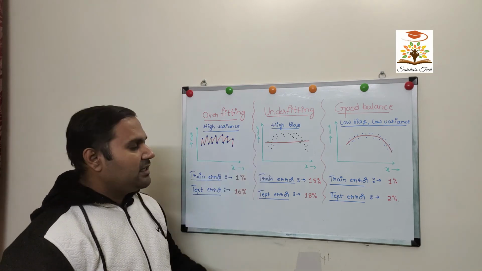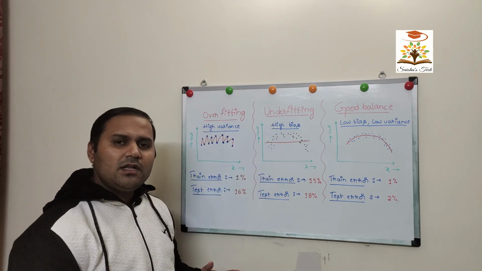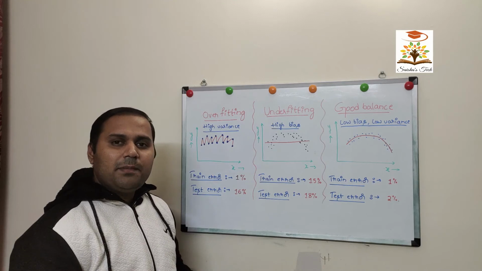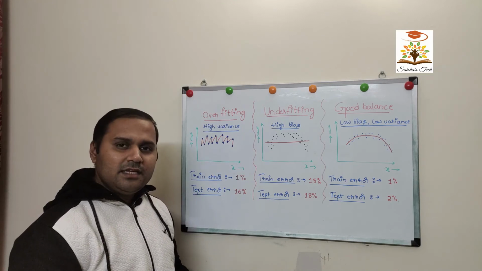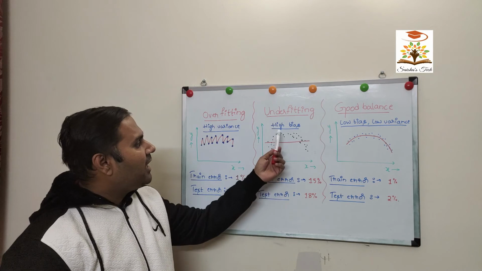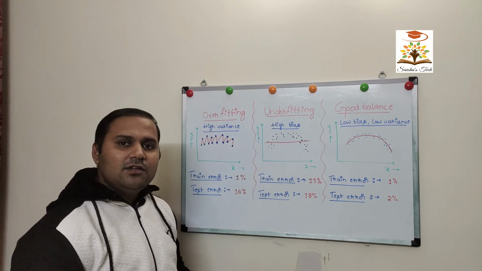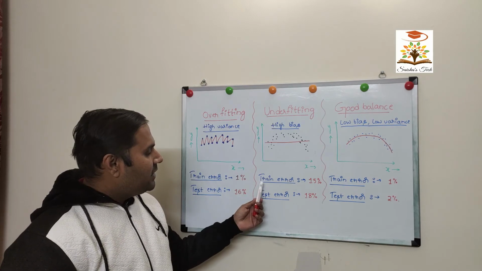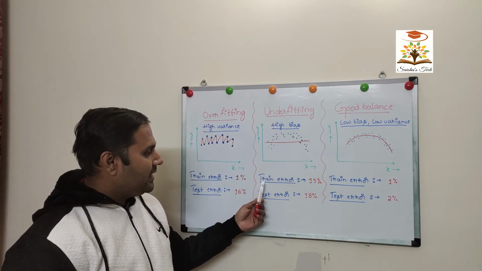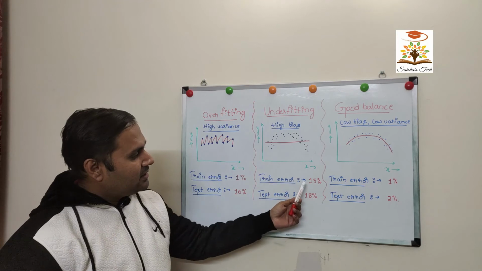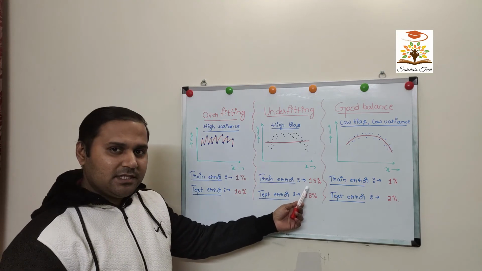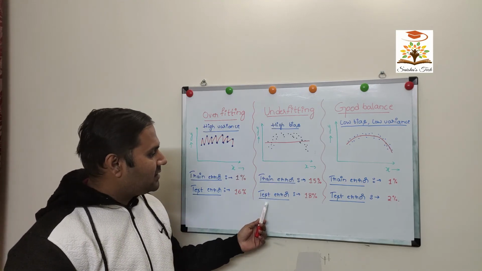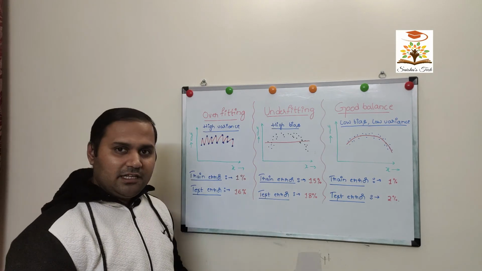Similarly, in the underfitting case, the model is not able to capture the patterns in the data. Here in this case, we have high bias and low variance. That is, when you predict the model on the train set, the train error is higher, which is 15%. Similarly, your test error is higher, that is 18%.